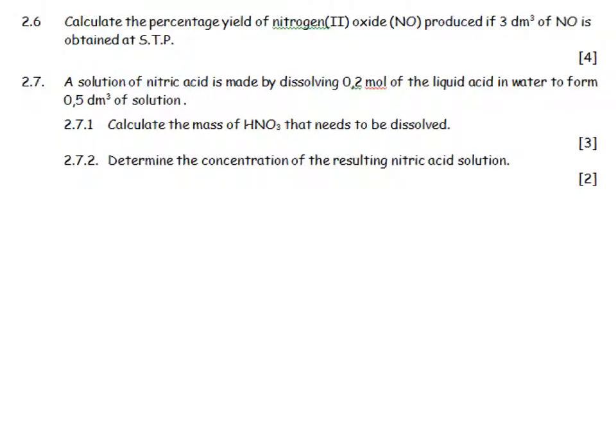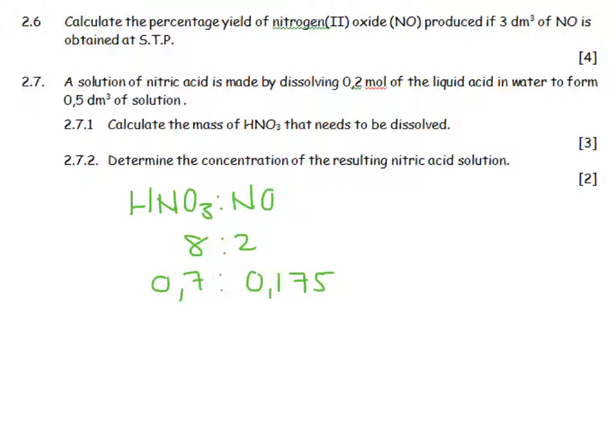Calculate the percentage yield of nitrogen monoxide, or nitrogen(II) oxide, if 3 decimeters cubed of nitrogen monoxide is obtained at STP. Well, firstly, how much should you get? Again, I use the nitric acid because that's my limiting reagent to get my mole ratio. I'm going to say 8:2 from the balanced equation. But I don't have 8, I have 0,7. So that's 0,175.